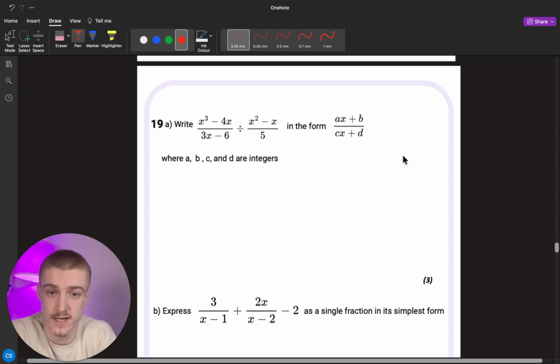So we get physics and chemistry only is 4. We can do the same thing, maths and chemistry only. 10 take 5 is 5. Maths and physics only. 12 take 5 is 7.